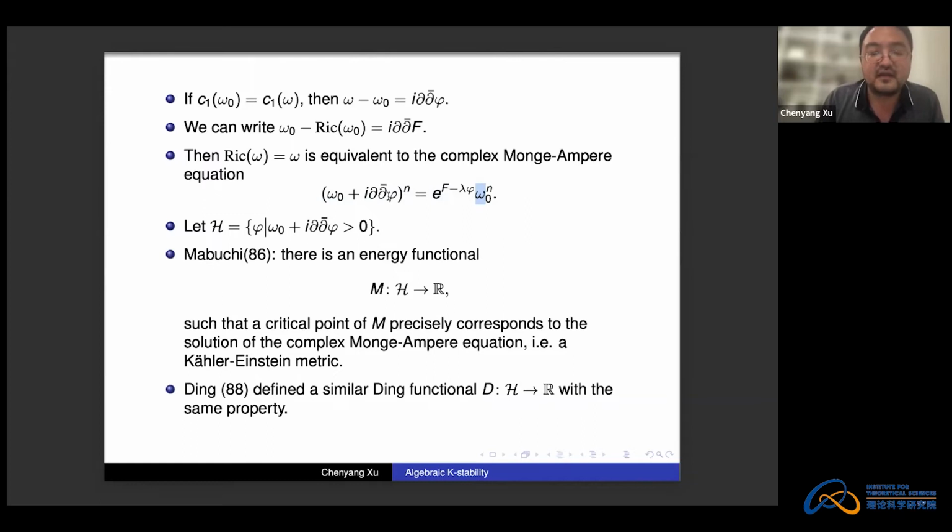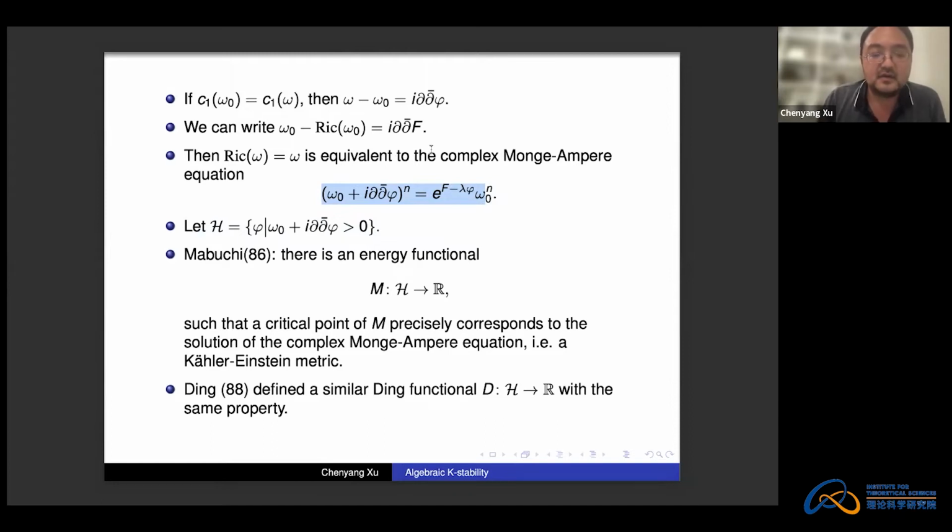So you want to find the phi such that this Monge-Ampère equation holds. Of course, this is a highly nonlinear PDE, but to find such a Kähler-Einstein metric, we boil down to solving this Monge-Ampère equation.